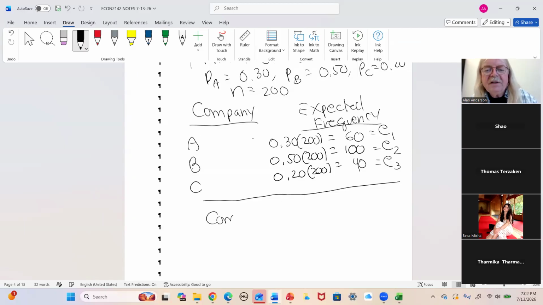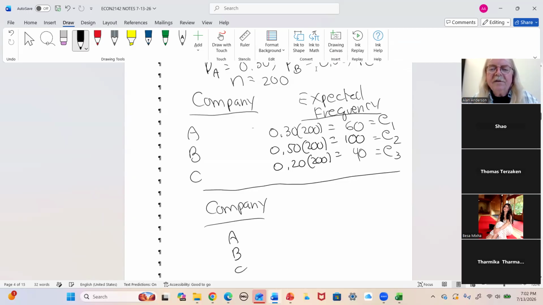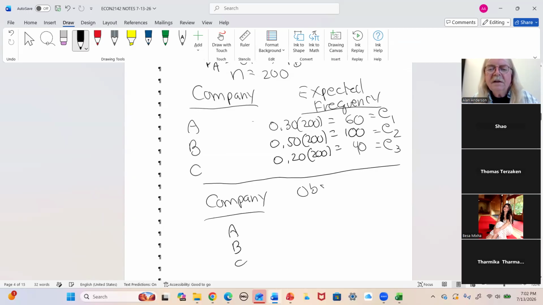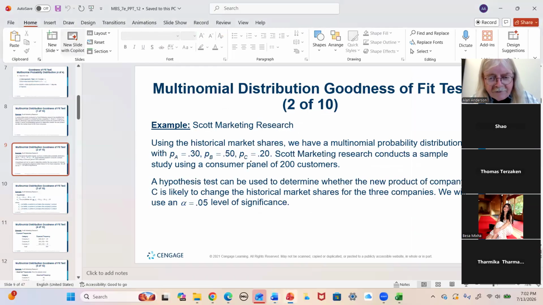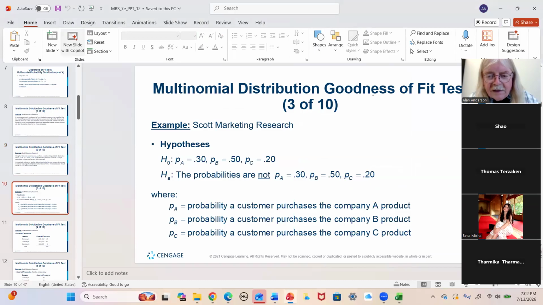So, the same three companies, and then here we have what are called the observed, which are the actual frequencies. And they have to be given to us in here somewhere.